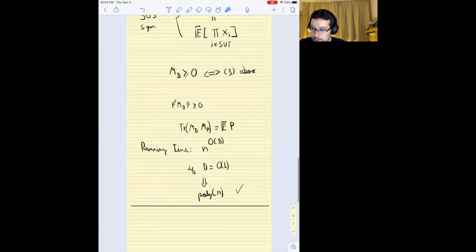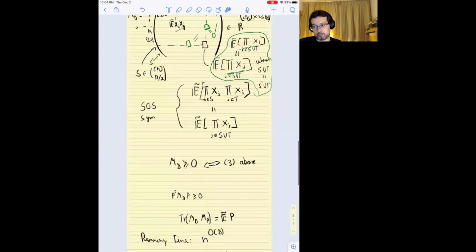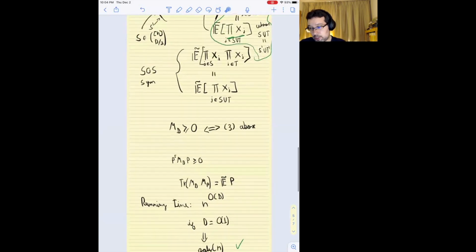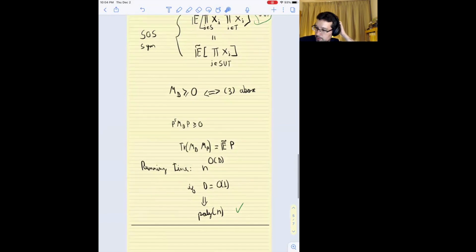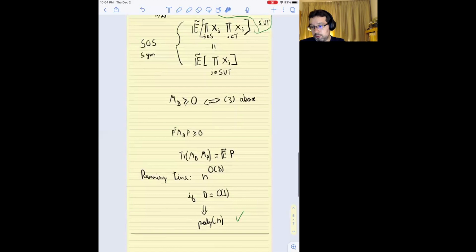And in the more general case that you have a polynomial that's not necessarily a sum of squares, one thing that you can do is to express this as a matrix, right? Because you're going to take the inner product with this MD. So we write which entries of MD we want to sum, and then we represent this as a matrix, right? And we see that this is going to give us linearity.